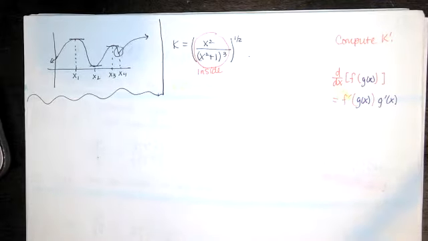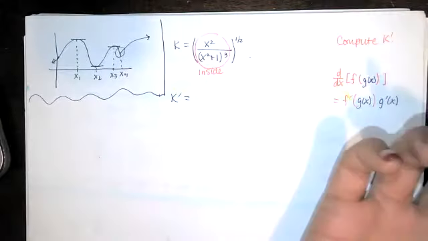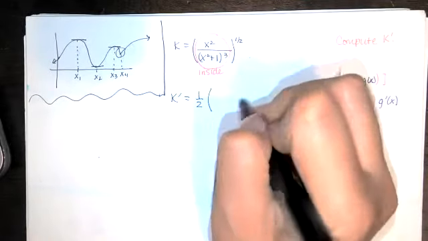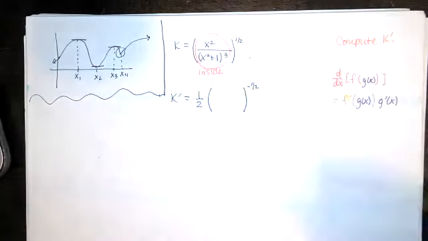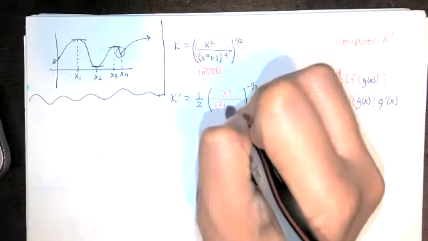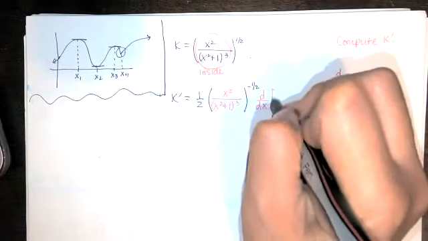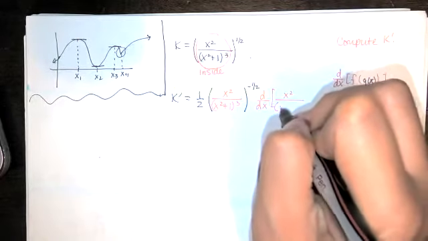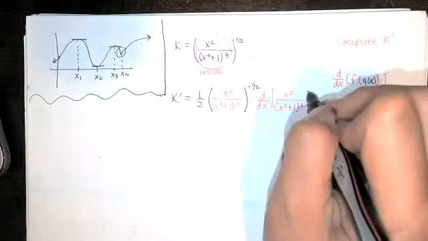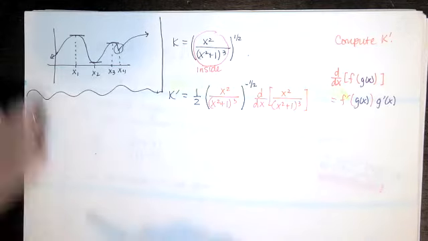And so what we're doing here is first we're taking the derivative of a function to the 1/2. The derivative of something to the 1/2 is 1/2 of that function to the negative 1/2. You put the inside function back inside, and then you multiply by the derivative of the inside by the chain rule. Okay, I'm gonna keep going.